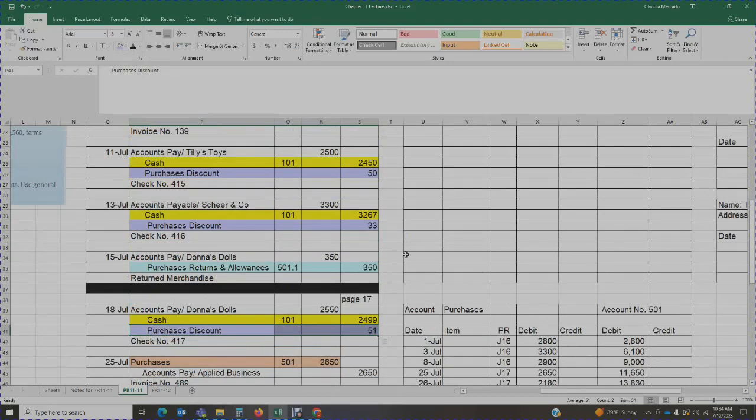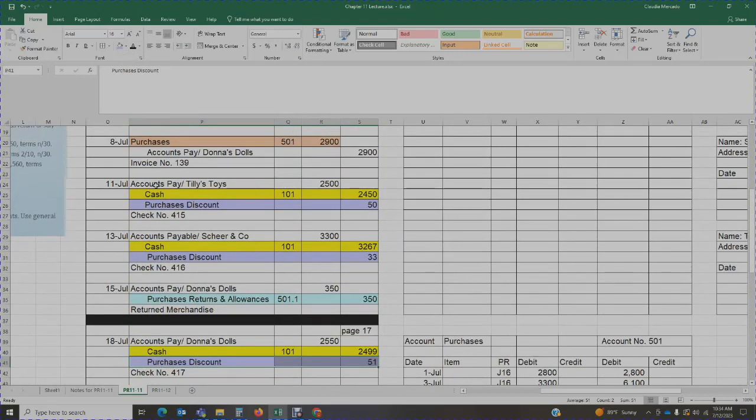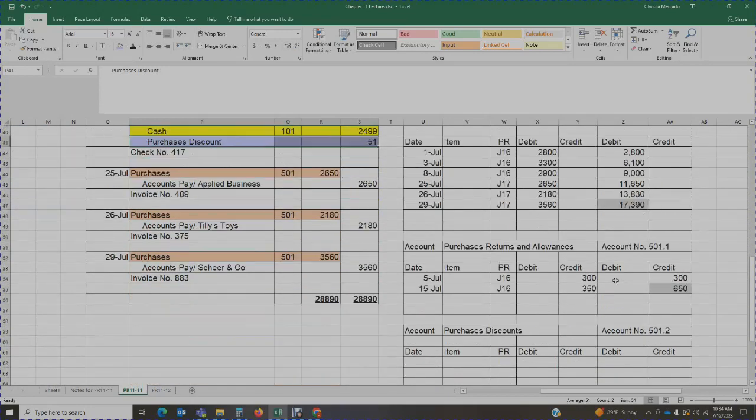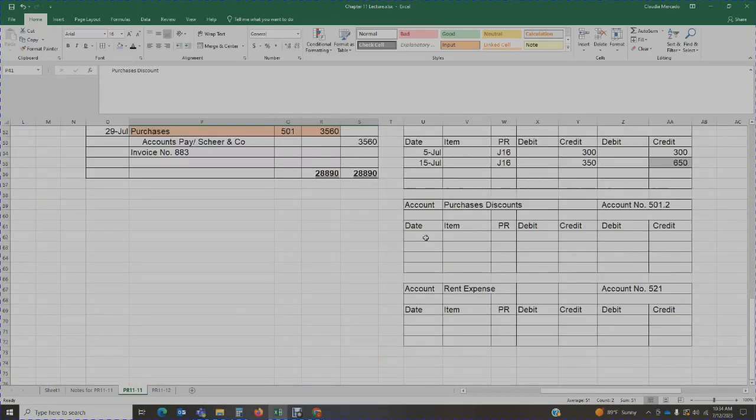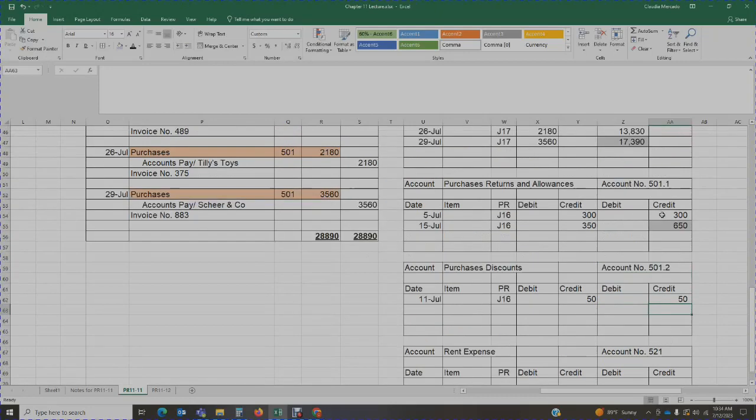We've got 3 entries for purchases discounts. We're going to start off with the one on July the 11th, coming from Journal 16, and we have a credit of $50. And this is account 501.2.